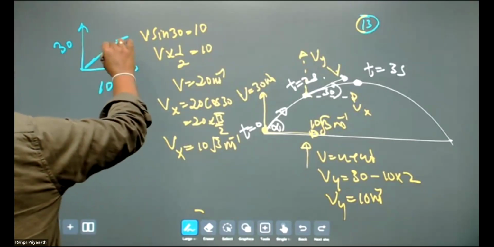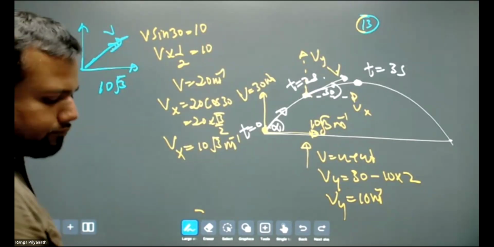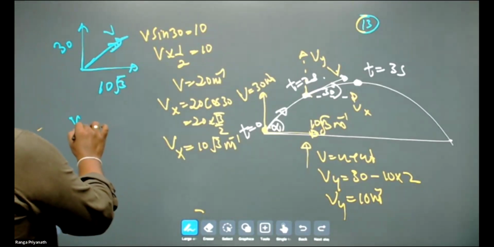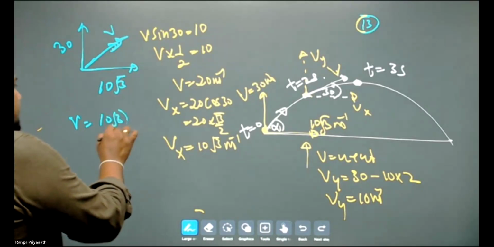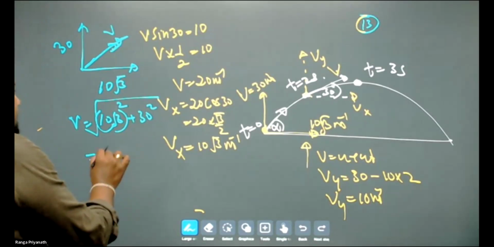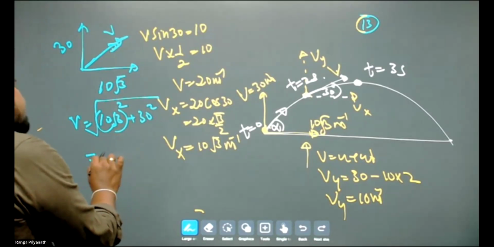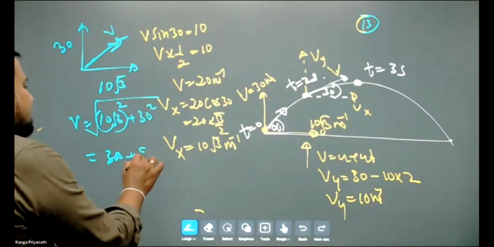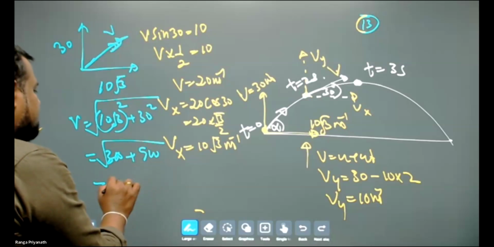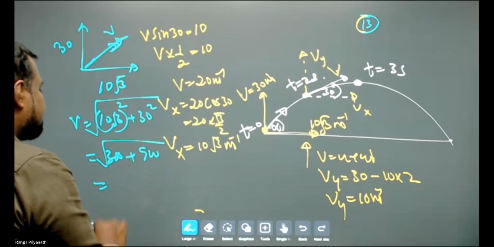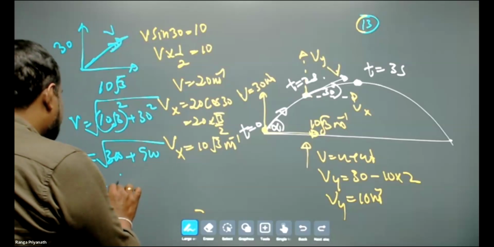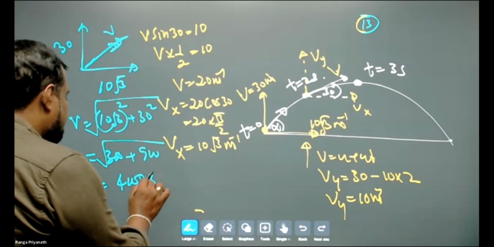The resultant is the projected velocity. They want the projected value. So V equal root of (10 root 3) squared plus 30 squared. 100 into 3 means 300 plus 900, 1200. 1200 means 400 into 3.